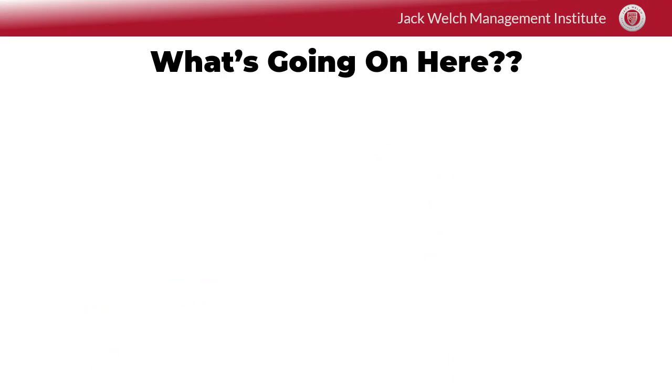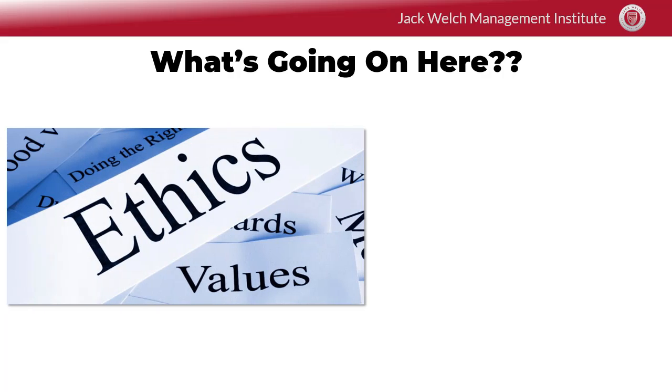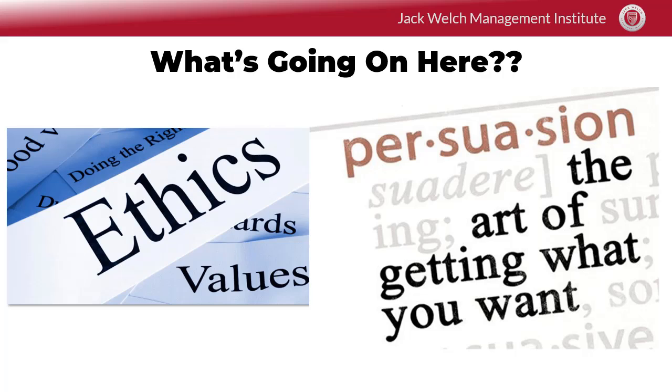What's going on here? Very simple. The use of citations in business documents is required, not just to be ethical, giving credit when using the work of others. Using sources in business documents is also a persuasive device. Why?